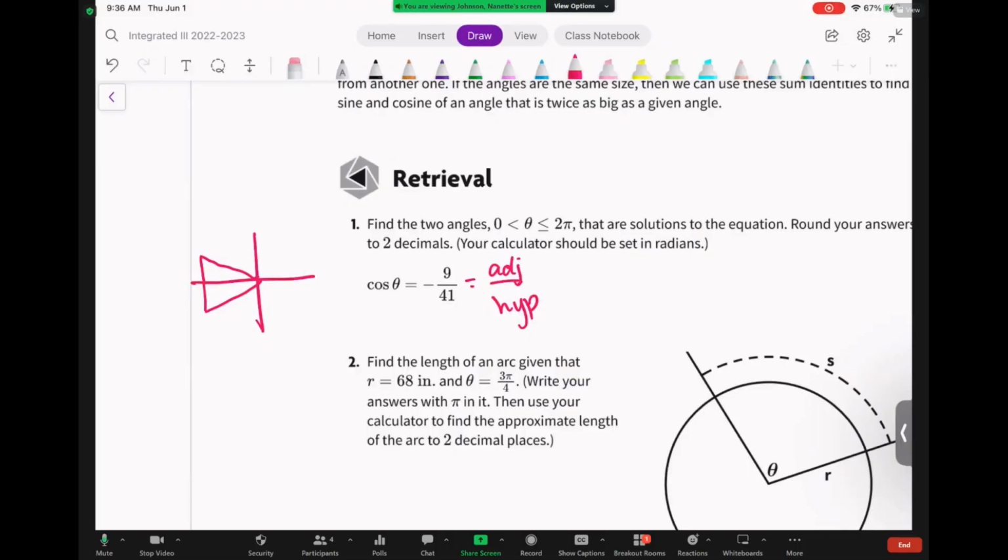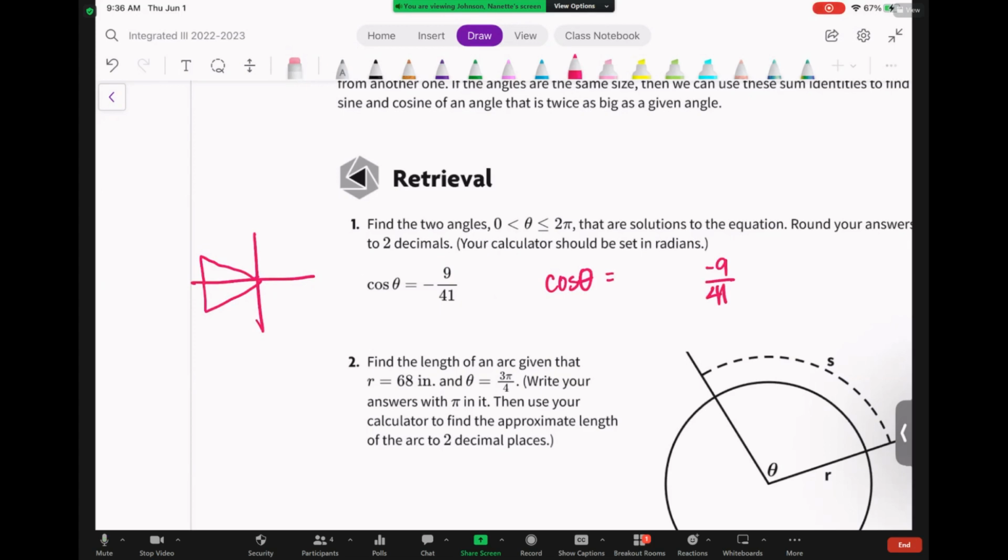Yeah, cosine inverse. Perfect. So we're going to take the cosine inverse of both sides. I'm going to write this out properly. First I copy this equation: cosine theta equals negative 9 over 41. I like to put the negative on top so it doesn't get lost.